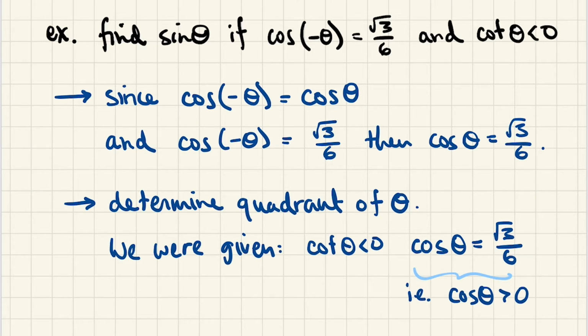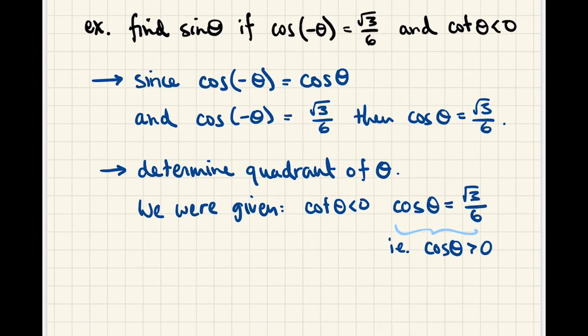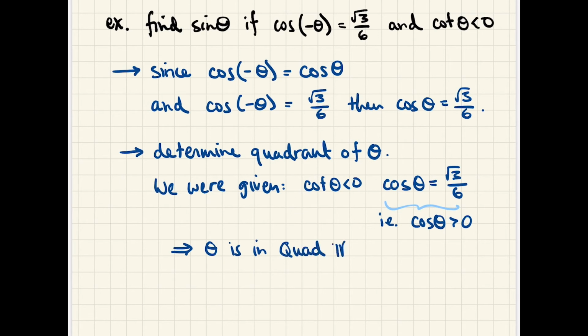So what quadrant has a negative cotangent value and a positive cosine value? So this must be that theta is in the fourth quadrant. And since we're interested in sine of theta, and we know theta is in the fourth quadrant, we know in advance that sine of theta will be negative.